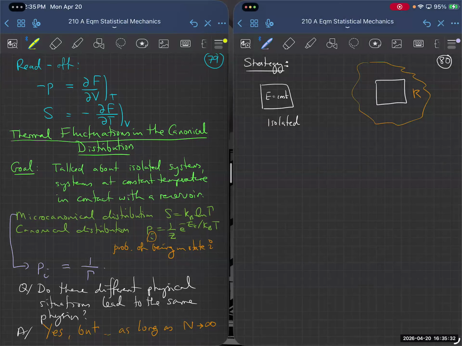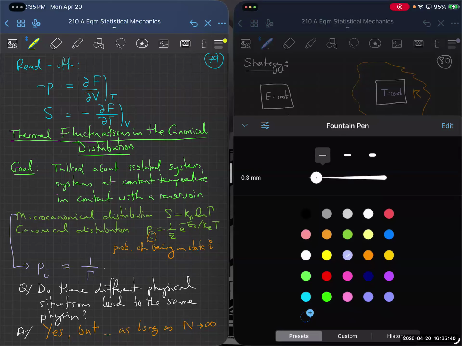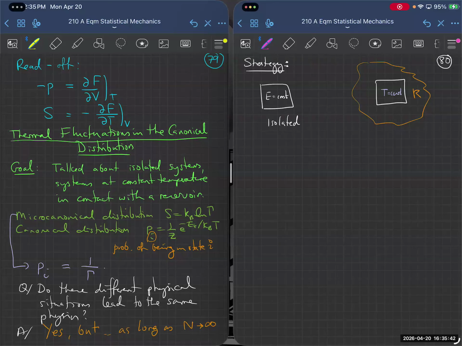And then this thing has T equals constant. So in this case, this is a constant temperature, but the energy fluctuates. And so the sharp question we want to ask is, how much does the energy fluctuate?